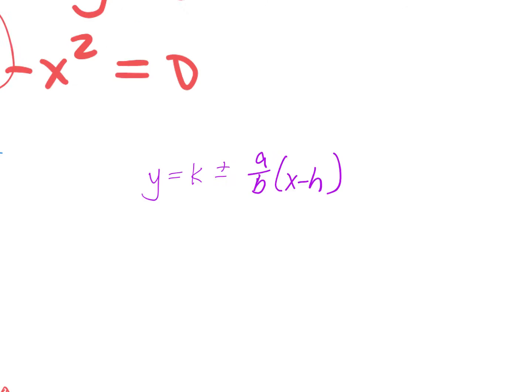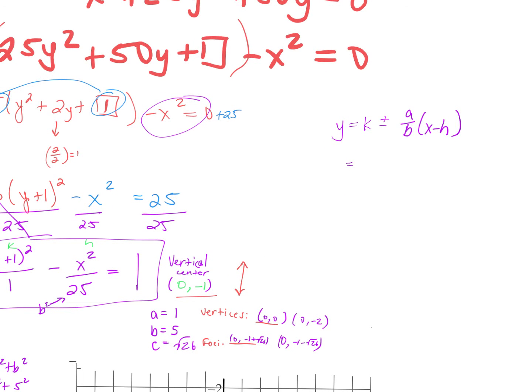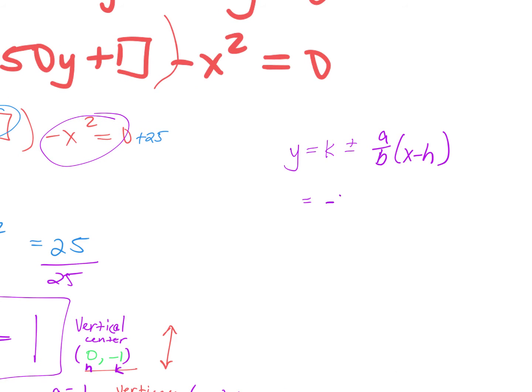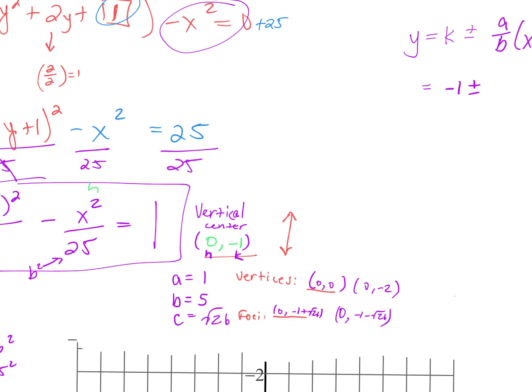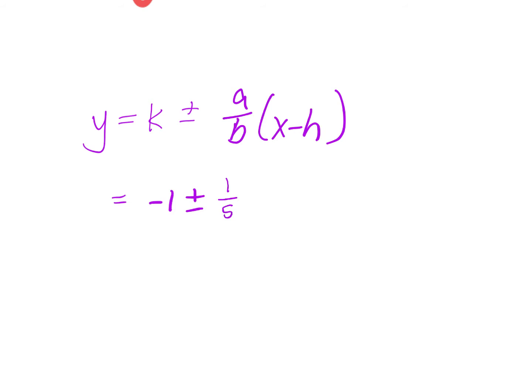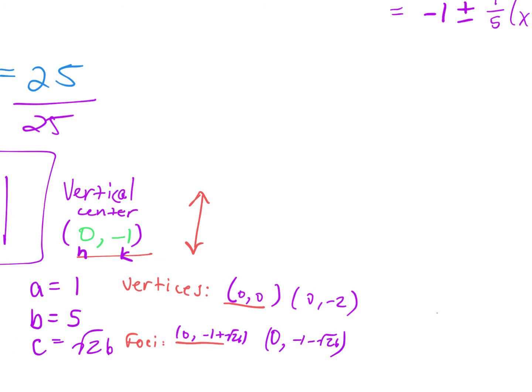You guys already know what your h and k are, and you already know what a and b is. So let's figure this out. What is my k value of my center? -1. So I have -1 plus or minus. What is a and what is b? 1 over 5 times x minus h. What's my h value? 0. Good.